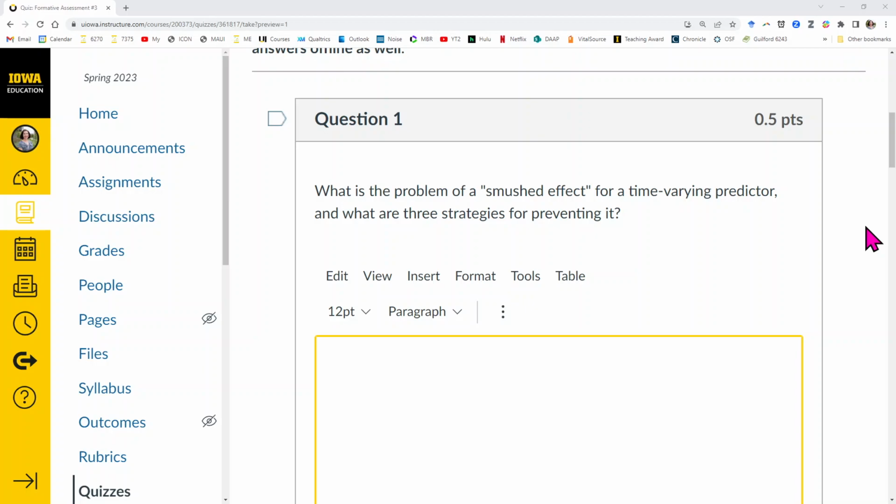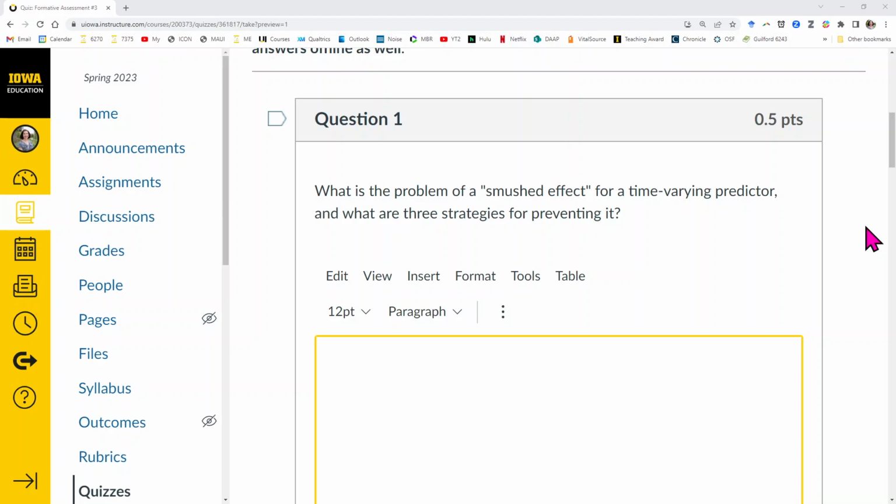Like you're getting something that's accounting for both instead of one or the other. Yes, the between and within sources of variation in a predictor have not been given separate slopes in the model, and so the one slope that they get is commingled with both. Usually it's going to be closer to the within slope because there's more information at that level, but it will be biased to at least some extent.